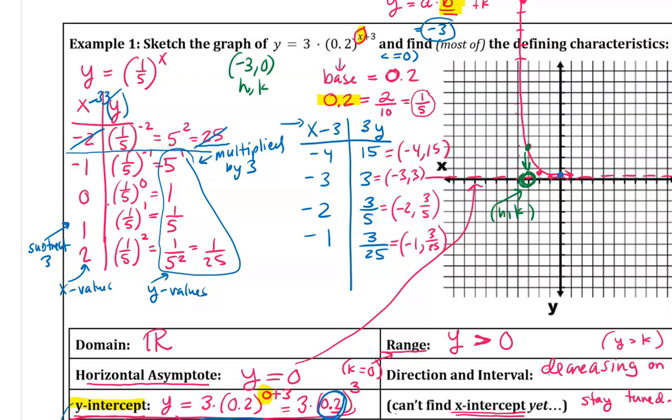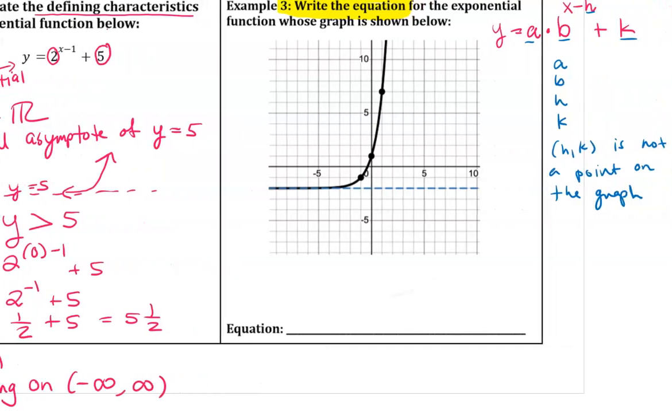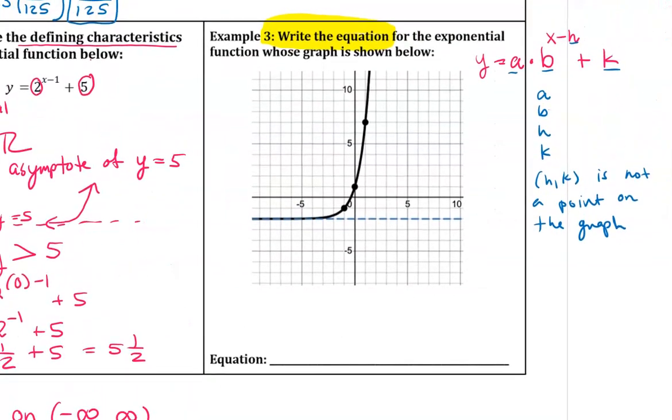So it's not like I can just go, oh, here's the vertex, that's hk. I instead have to, usually what I do is I go to the asymptote and I look for what the middle might be. Here's the thing though, you can get multiple answers that actually are the same, when you simplify them.